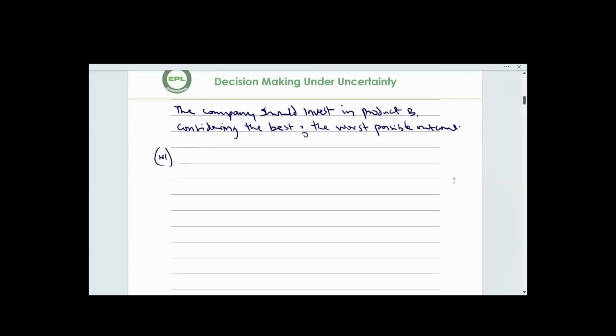Where to use Minimax criterion. Minimax. And I told you that using this criterion, there are 5 procedures you are supposed to carry out. First thing first, let's complete our table.